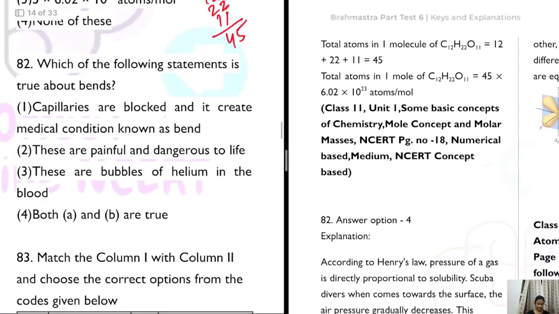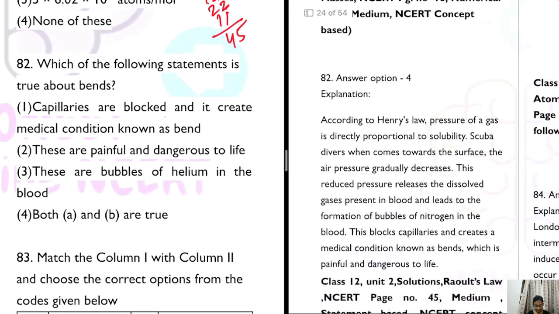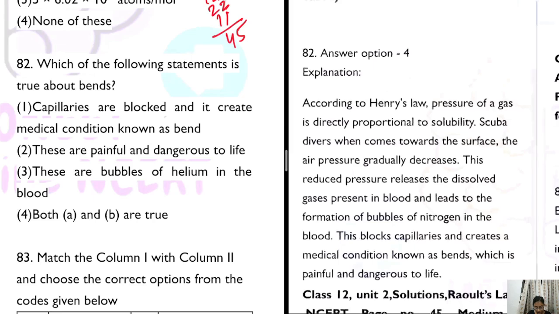Which of the following statements is true about these events? Let's see. According to Henry's law, pressure is directly proportional to solubility. When scuba divers come towards the surface, it is like when we go to the mountains, pressure decreases.